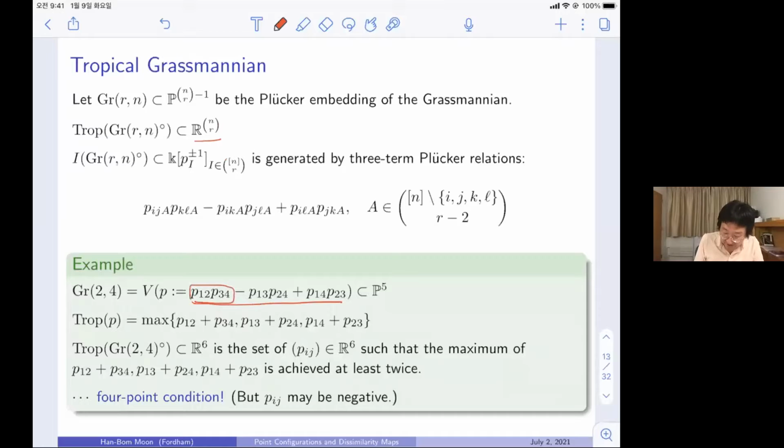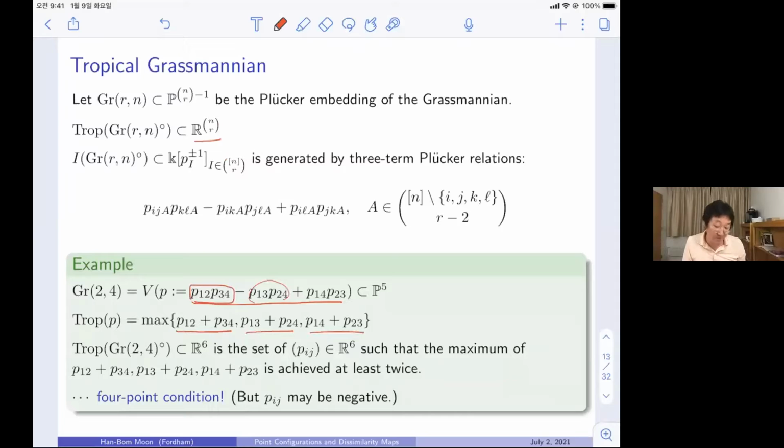P12 times P34, the multiplication will become the addition, so we need to use P12 plus P34. P13 times P24 will be their sum. P14 times P23 will be their sum. And after that, the addition will be replaced by taking the maximum.